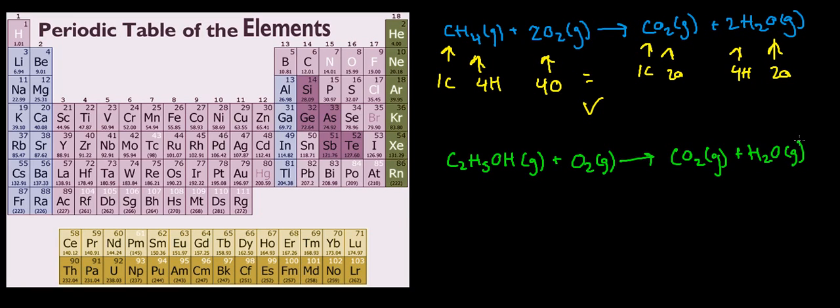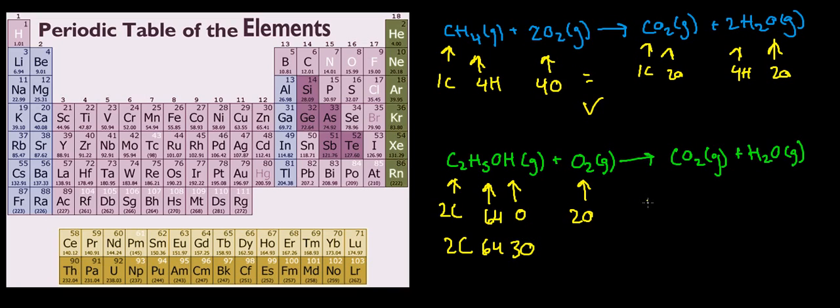It is not a balanced equation, and the way I can check to see if it is balanced or not is again by tallying up the molecules. Here there are 2 carbons, 6 hydrogens, and 1 oxygen. And here there are 2 oxygens. So this is a grand total of 2 carbons, 6 hydrogens, and 3 oxygens.